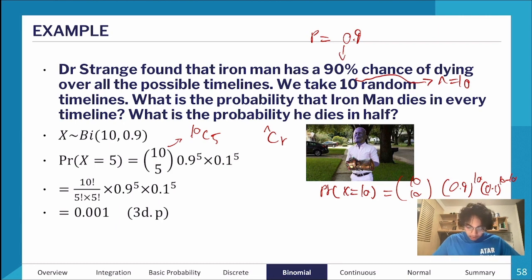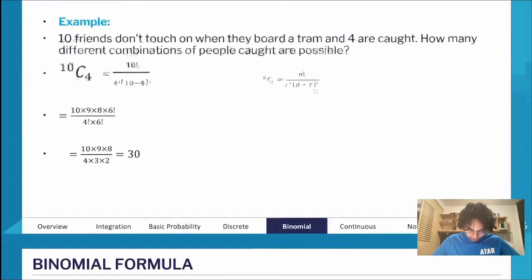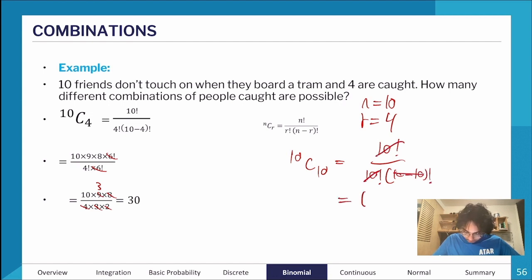If I have two of the same number, like 10 choose 10, by common sense there's only one possible way to choose 10 from 10. I just need to choose all of them. I can show that mathematically: 10 factorial divided by 10 factorial times (10 minus 10) factorial. That's equal to 1 because these cancel out, the bracket is 0, and 0 factorial is equal to 1.